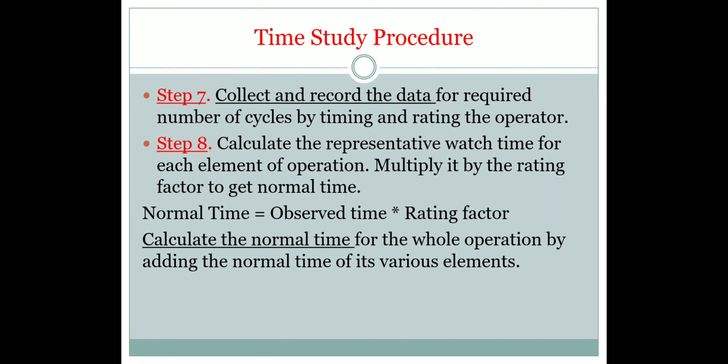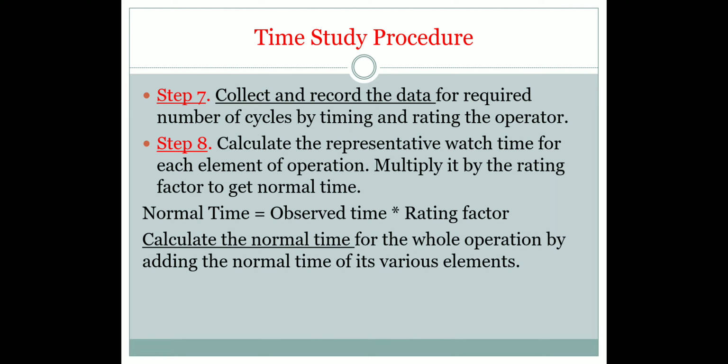Seventh step, collect and record the data for the required number of cycles by timing and rating the operator. Step 8, calculate the representative watch time for each element of the operation, multiplying it by the rating factor to get normal time.